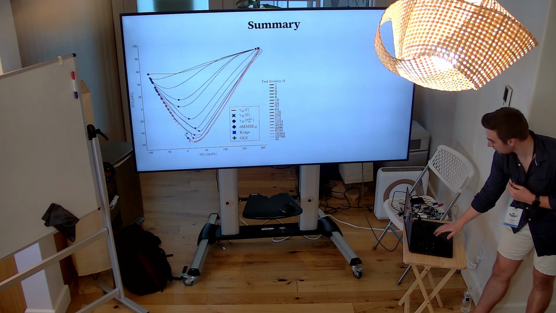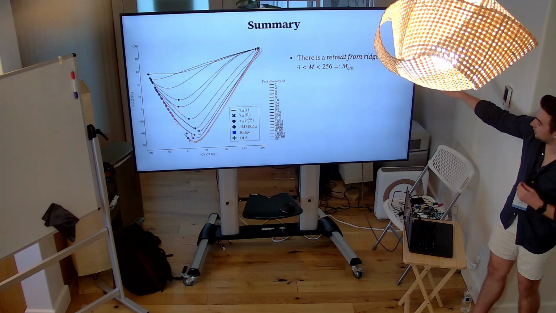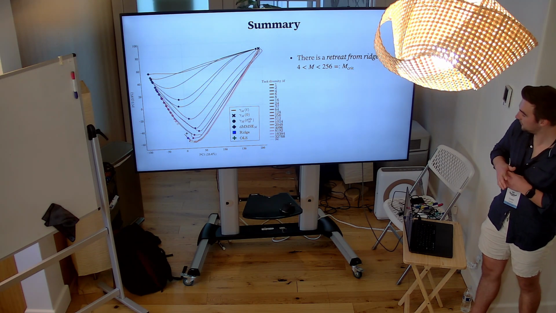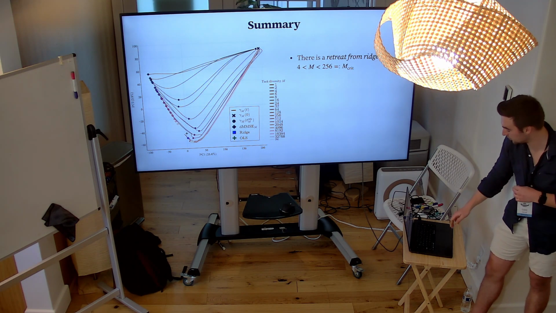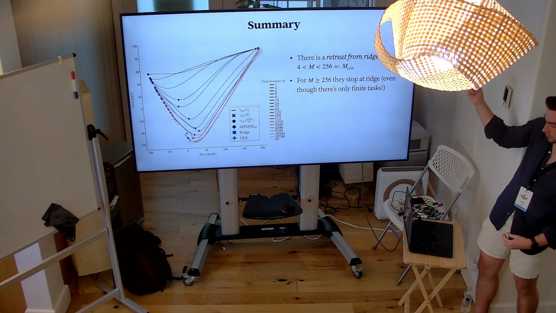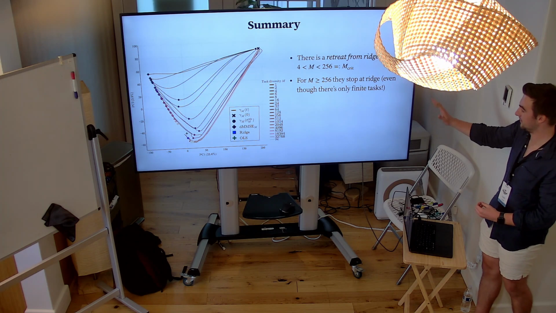So, in summary, we do see a retreat from ridge for these m values, and there's a critical m value of 256 where they appear to just go to ridge and then stop there past that m value.